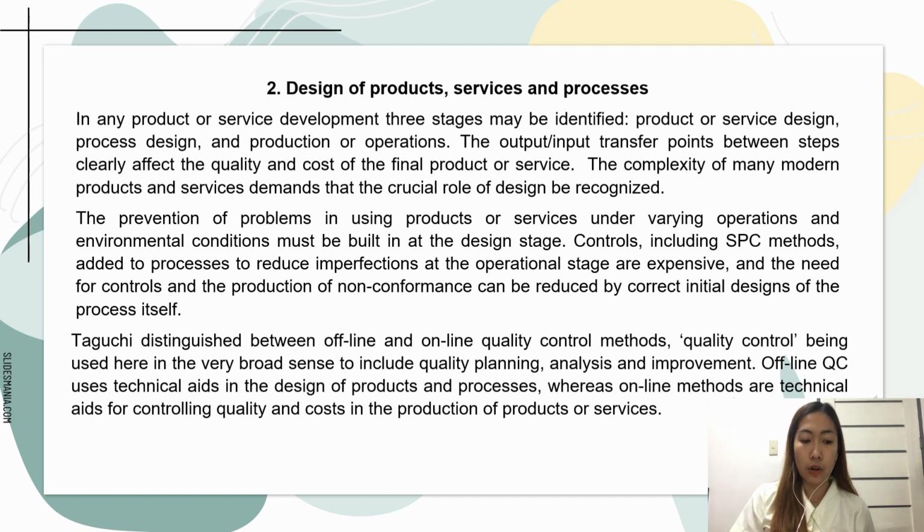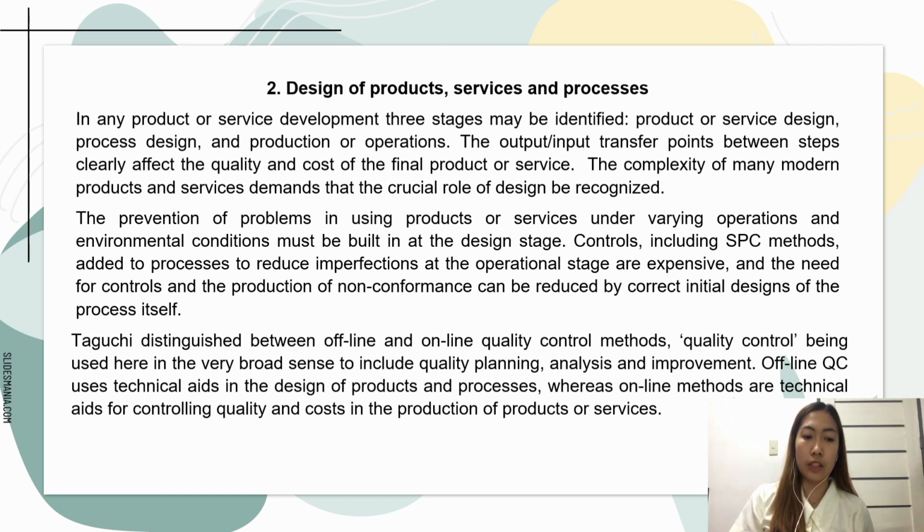Similarly, the costs incurred during production or operation are heavily influenced by the actual manufacturing process. Controls such as SPC methods added to processes to reduce imperfections at the operational stage are costly, and the need for controls in the production of non-conformance can be reduced by correct initial process design.